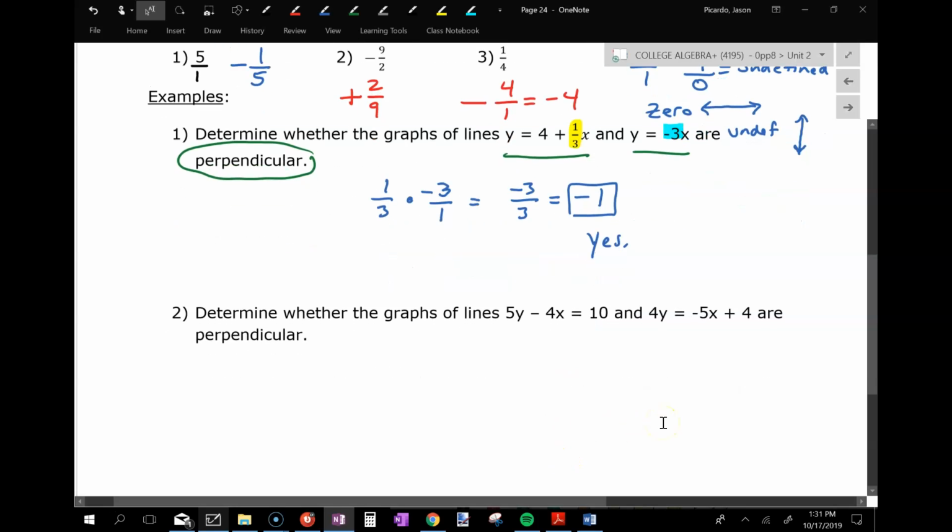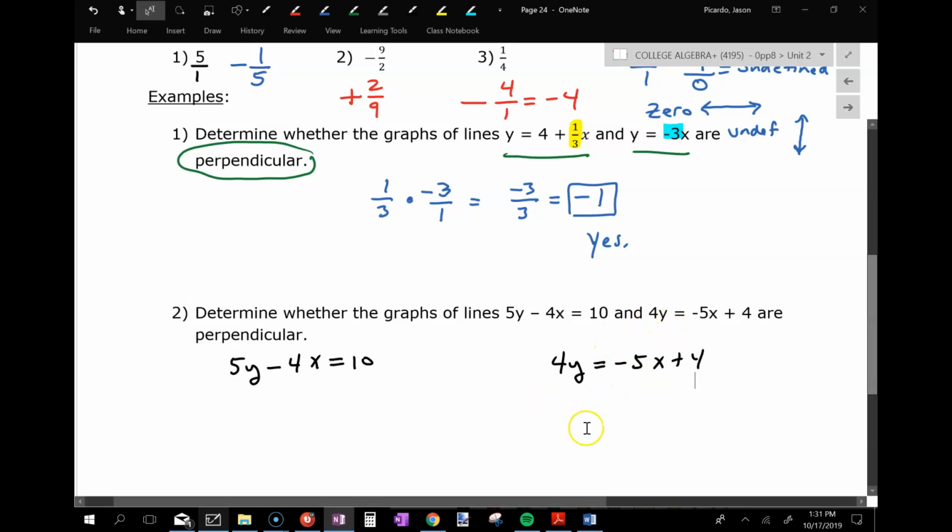How's example 2 a little different? I didn't give it to you in the nice form where y is already by itself, so you've got to do that, because you don't know the slope until y is by itself. The good news is the second example is kind of easy to get the y by itself.